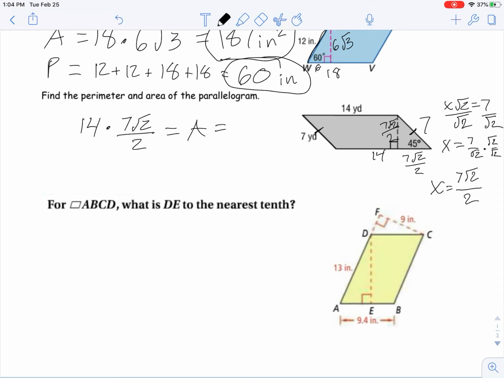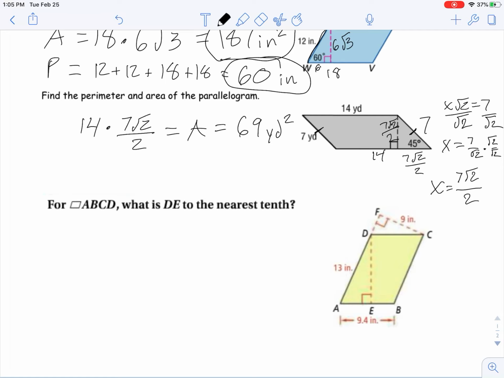I'll let you guys figure that out. What I'm getting is approximately 69 yards squared. Make sure you're squaring yards again.